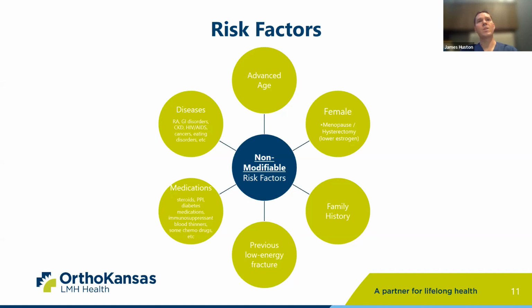And other diseases: rheumatoid arthritis, any gastrointestinal disease that affects nutrient absorption, decreases calcium or vitamin D absorption, can lead to osteoporosis. Kidney disease, HIV or AIDS, some cancers, eating disorders, many of those relate back to nutrition.